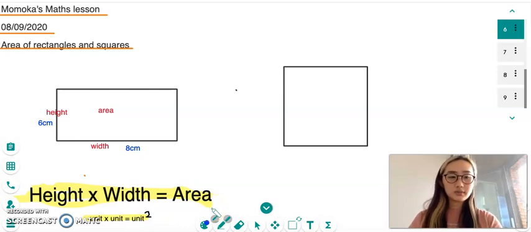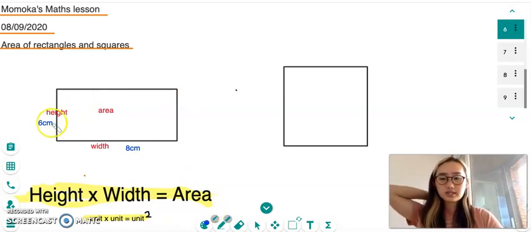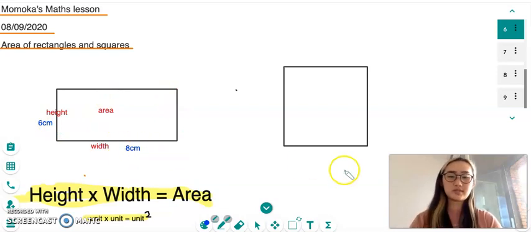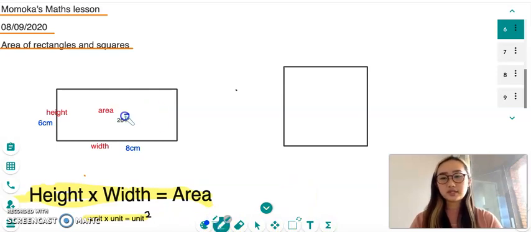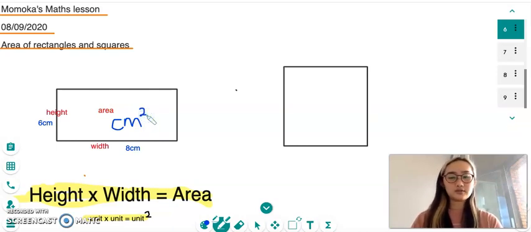So, for example, if the height is in centimeters and the width is in centimeters, the area would be in units of centimeters squared, with a little 2 on top. So yeah, that's all I just wanted to explain.